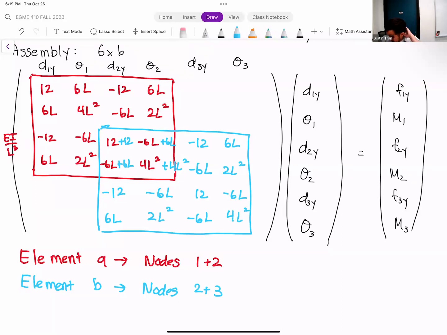And of course everything else that's not boxed, we're just going to put a 0. So we have zeros here and there.